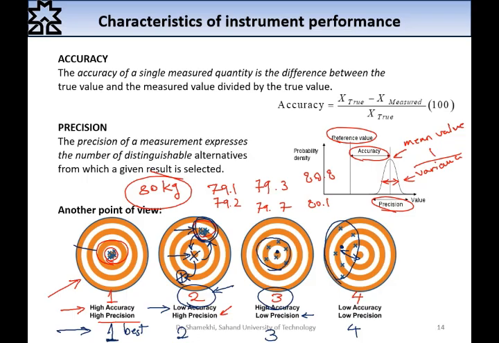The difference between the reference value of the measurements and the mean value is called accuracy, and the inverse of the variance, 1 divided by variance, is the precision.